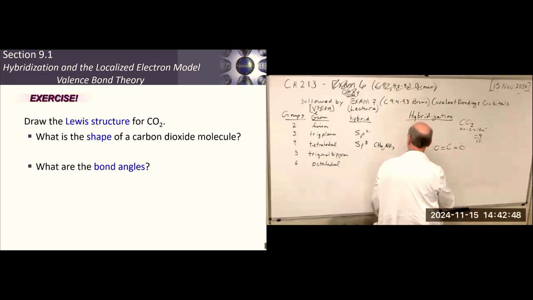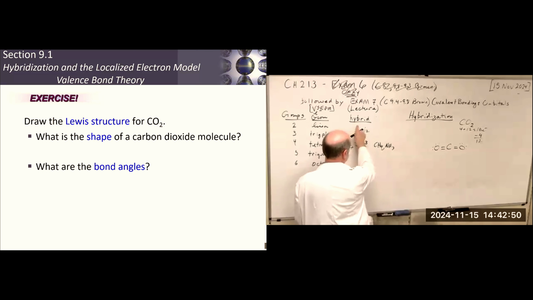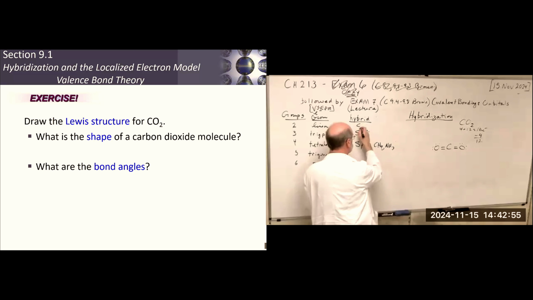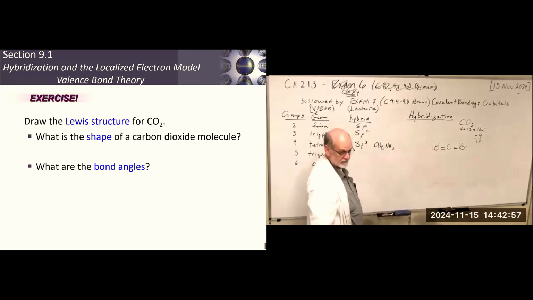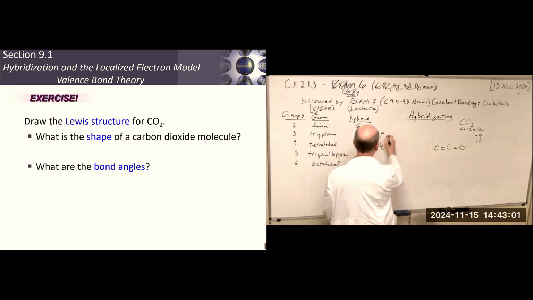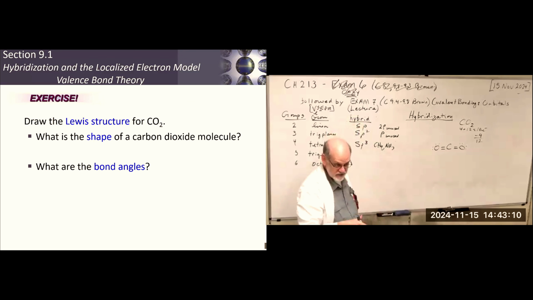And we've got 2 groups around that carbon. That's linear. Linear only needs 2 hybridized orbitals, so we use an s and only 1 p. So that means we have 2 p's unused on the carbon.